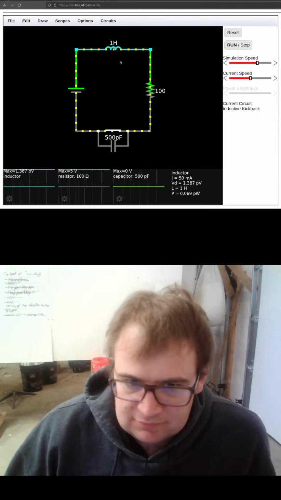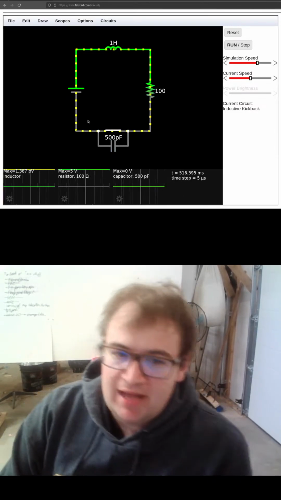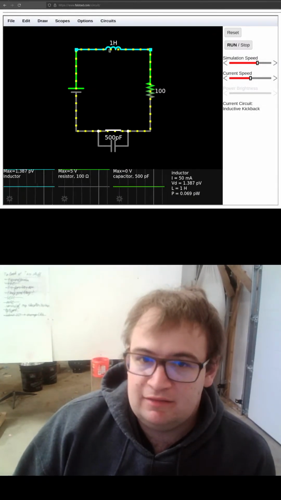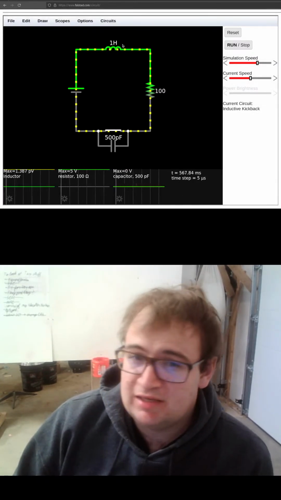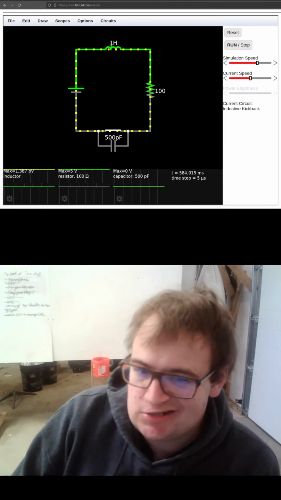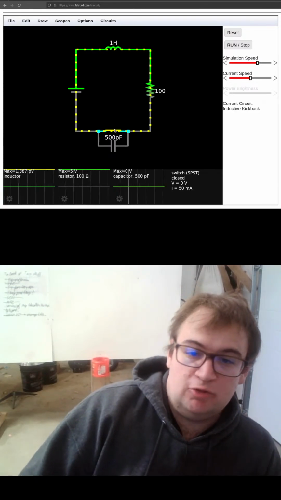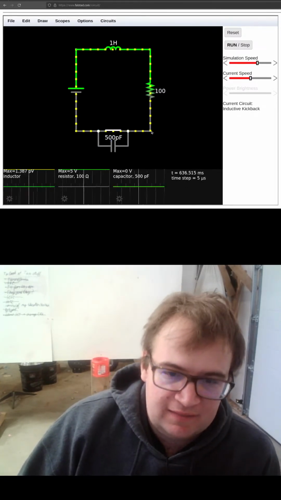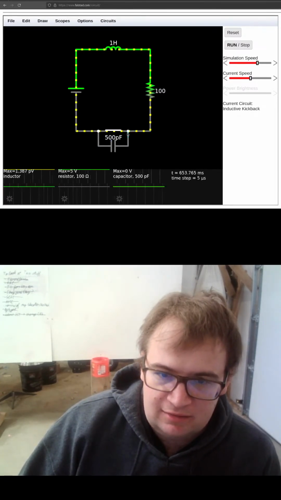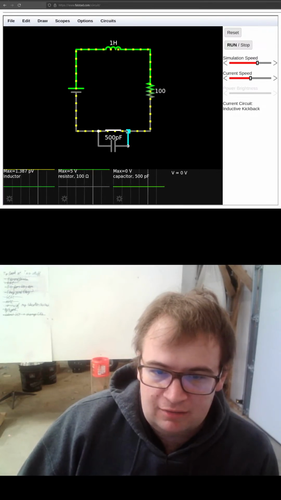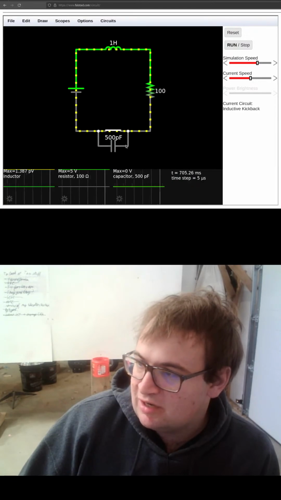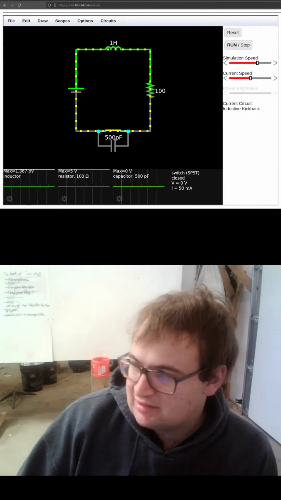So, like I was saying, right now we have this current running really fast. The inductor is going to resist any change in current, which will happen if I flip this switch, because then the current will slow down, as all of a sudden we'll start trying to charge this capacitor.